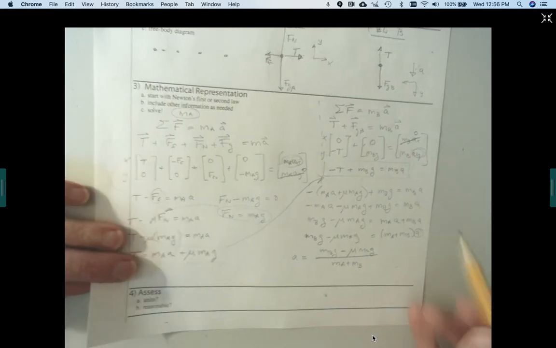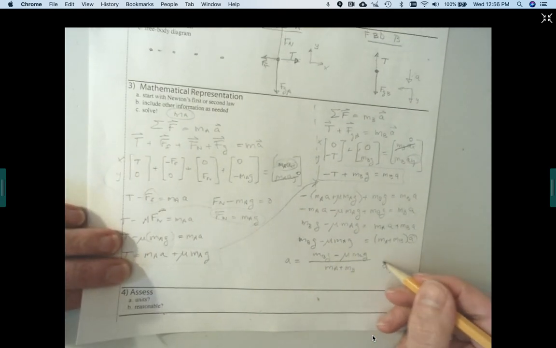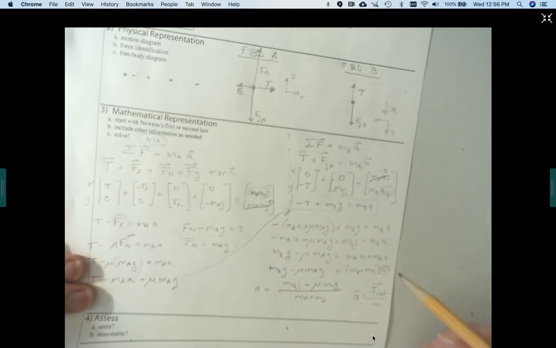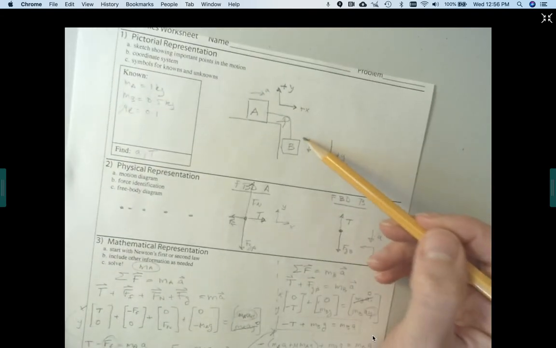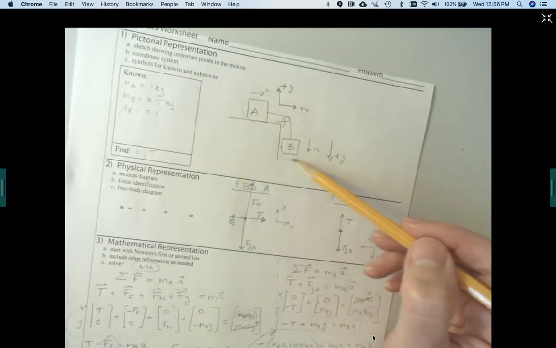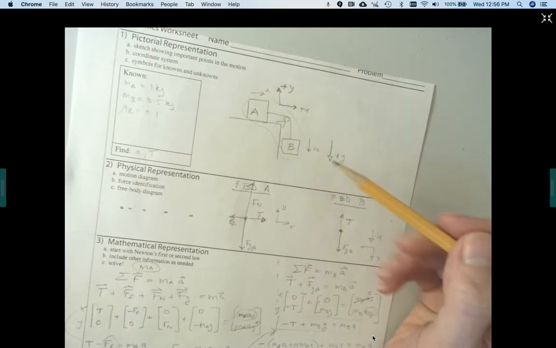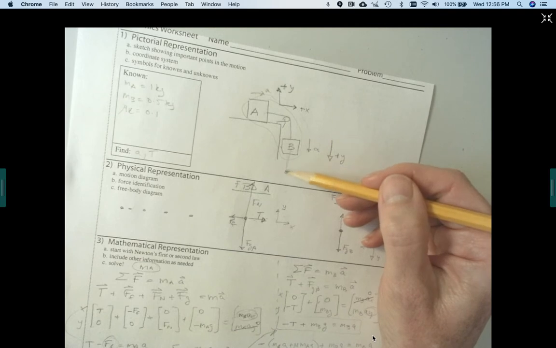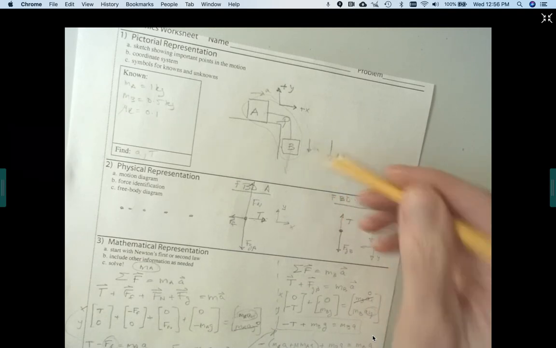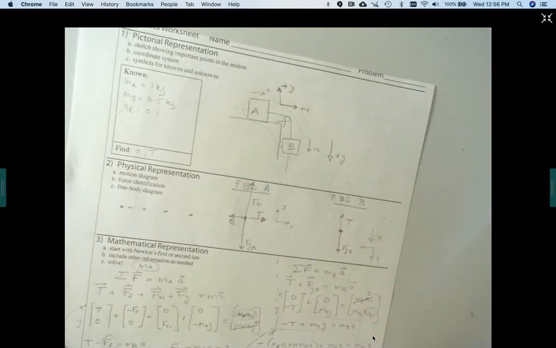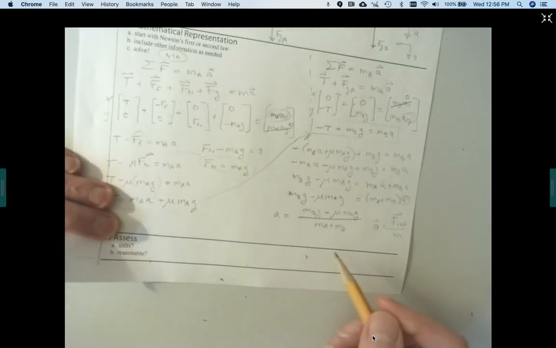So again, let's look at that, right? Our relationship is that acceleration is the net force over the mass. So if we think about, instead of looking at these two blocks individually, we can think about them as a system of two blocks. The force that's driving in the direction of motion is the weight of block B. The force that's resisting that motion is the friction on block A. So now let's look at what our acceleration says.